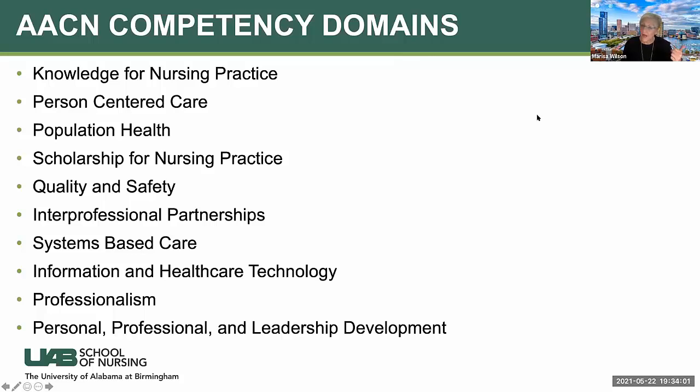First of all, knowledge for nursing practice encompasses evidence-based practice. Person-centered care encompasses the fact that the person is at the center of everything we do. Population health was one of the things we added. We are going to be moving nurses out of the acute care setting into the community and population, which for some of you is not a big deal.